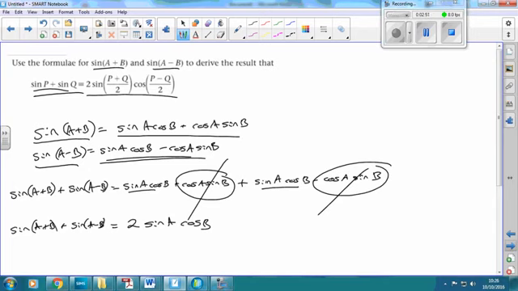And now what we need to do is prove this top one up here. So it's not sine of something plus something, it's just sine of p plus sine of q. So we're going to replace this with p and this with q.